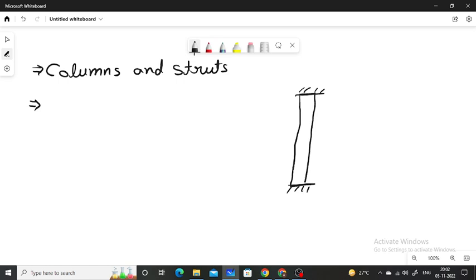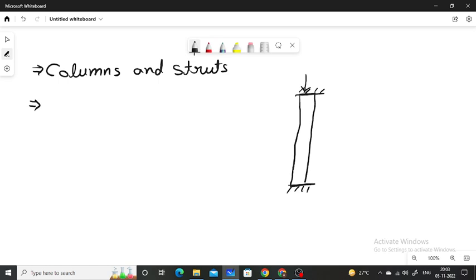Columns carry compressive loads, while struts are the members of a structure or bar which carries an axial compressive load.